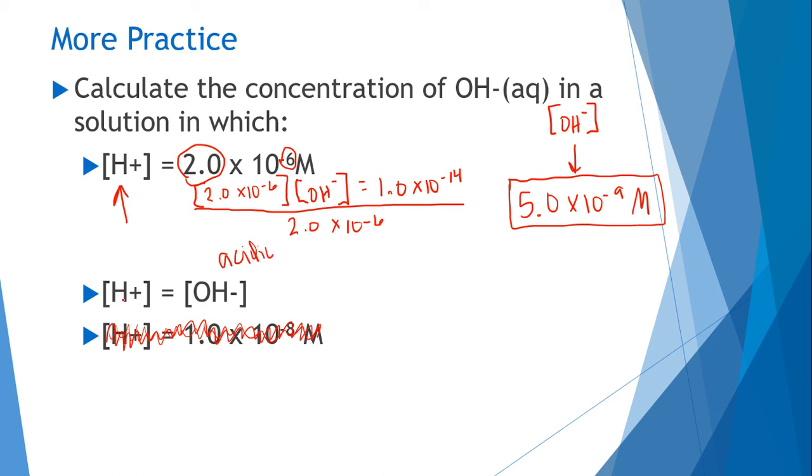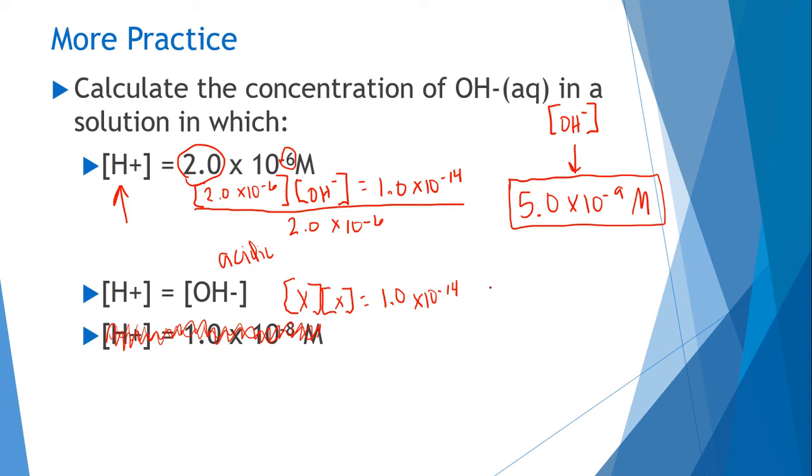And the last one, if I have an H plus and it equals an OH negative concentration, here you would plug in X for my hydrogen, X for my OH, and this is always going to equal 2.0 times 10 to the negative 14th.